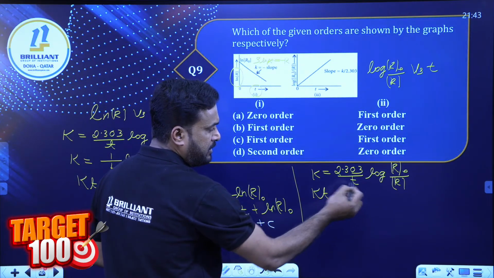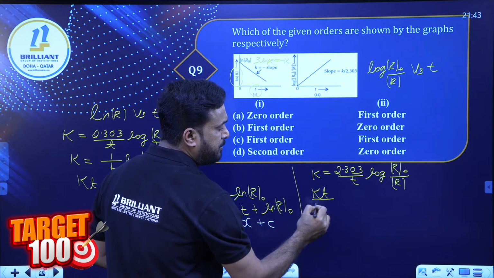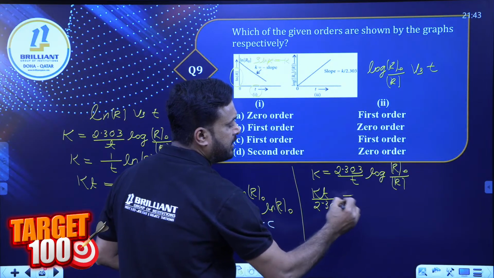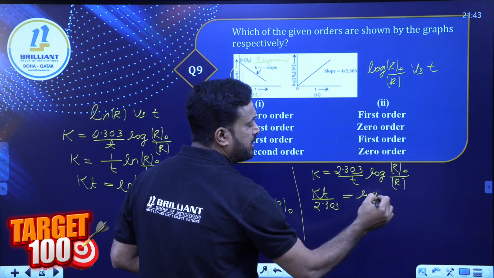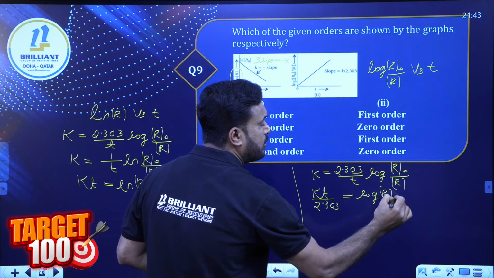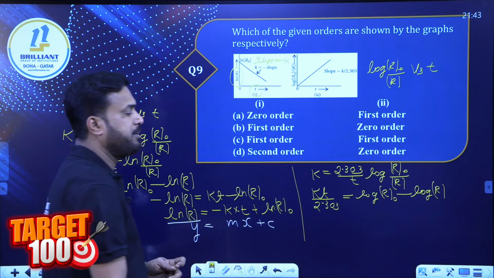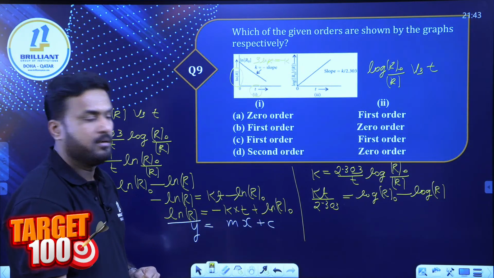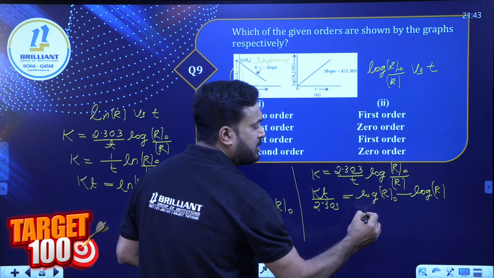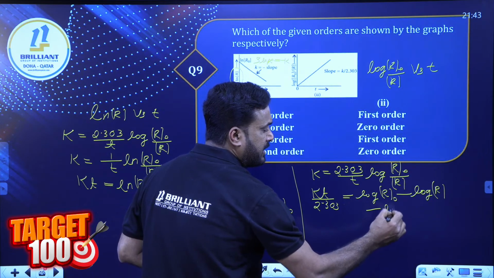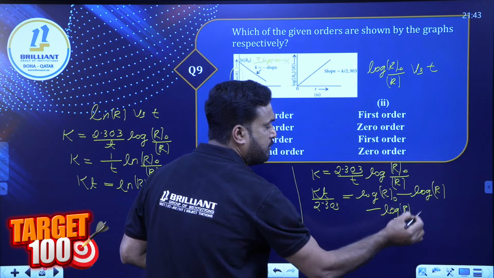So I can write kt divided by 2.303 is equal to log r0 minus log r, because log a by b is equal to log a minus log b. I'll keep this minus log r over here, then I can write minus log concentration of r.